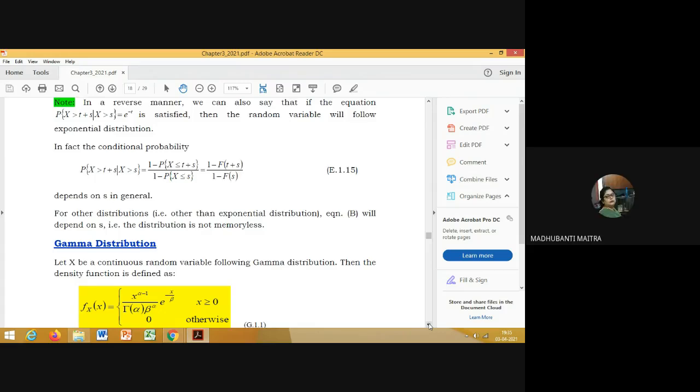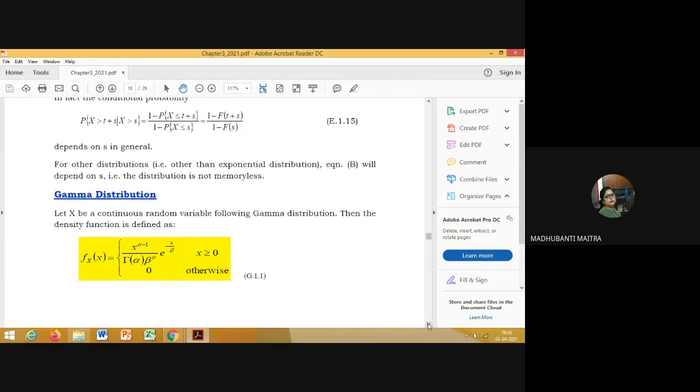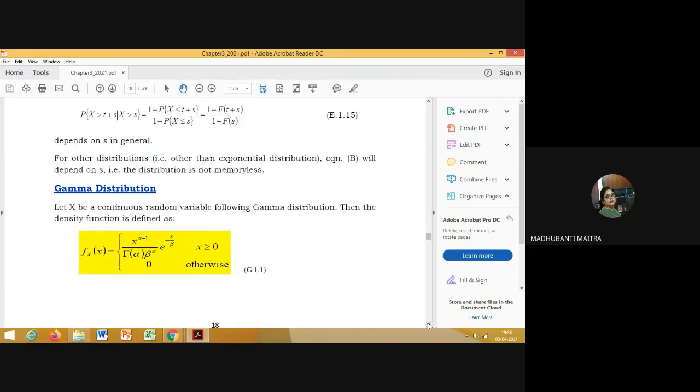So gamma distribution, I guess you know the gamma function. We have already studied it, probably in maths. The gamma distribution is also a continuous distribution. Let us assume that x is a random variable following the gamma distribution.